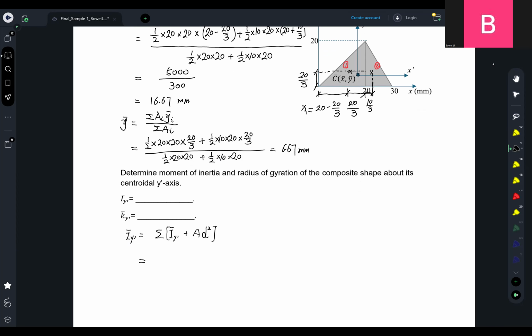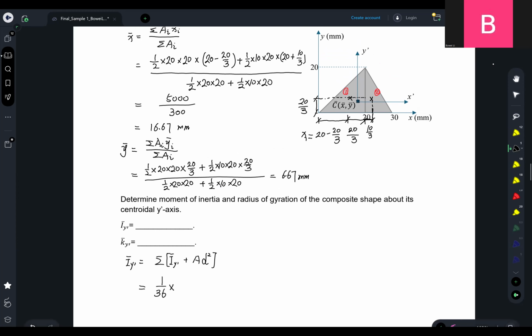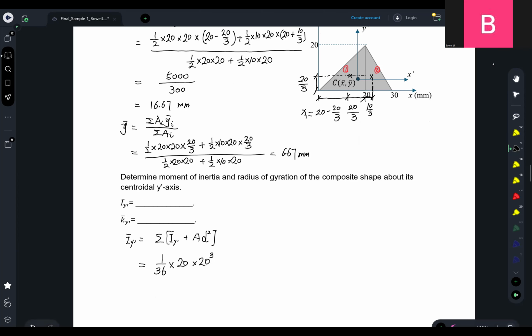So we're going to have the moment of inertia of the area 1 equals 1/32 times the side that's parallel to the y-axis, which equals 20, and the side perpendicular to the y-axis, again it is 20, so it is 20 to the power of 3, right?